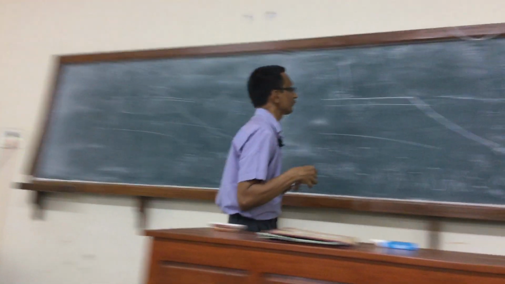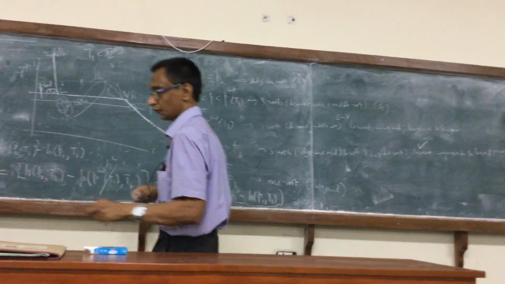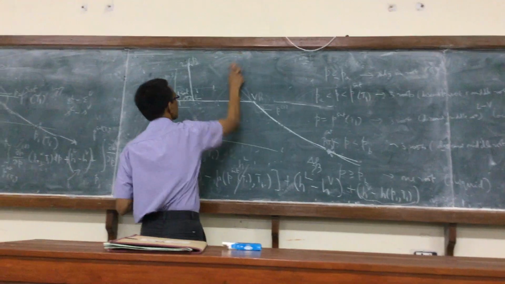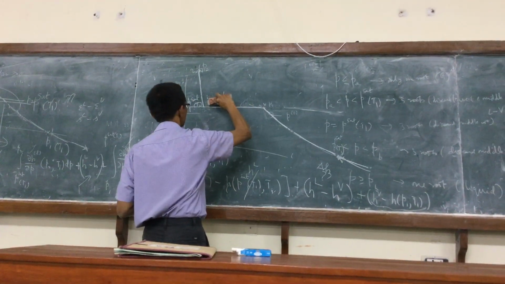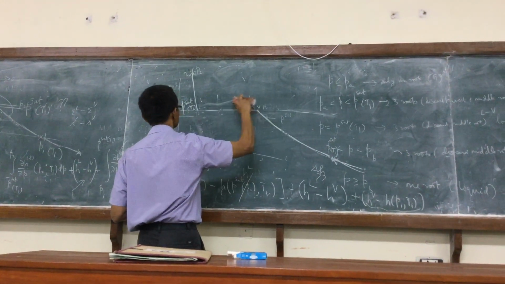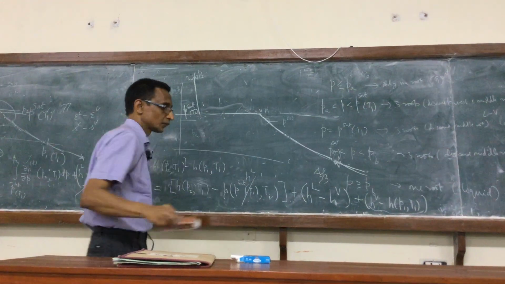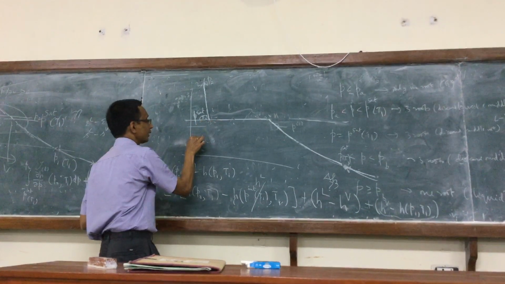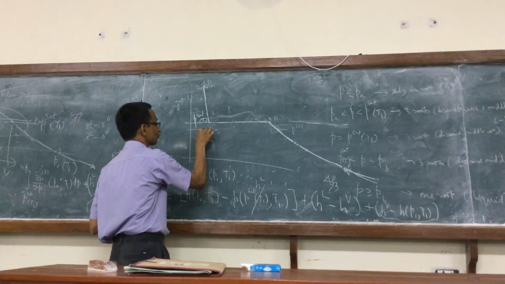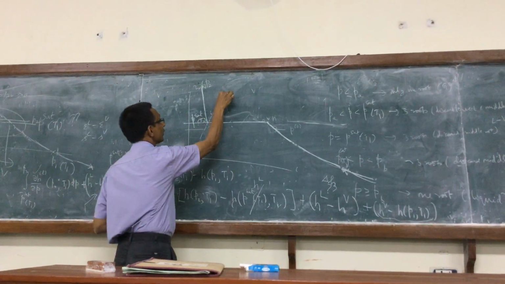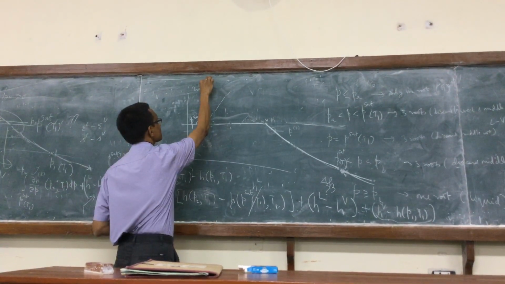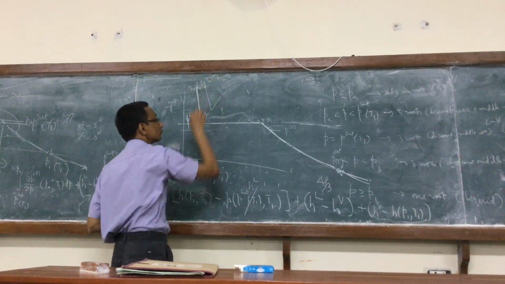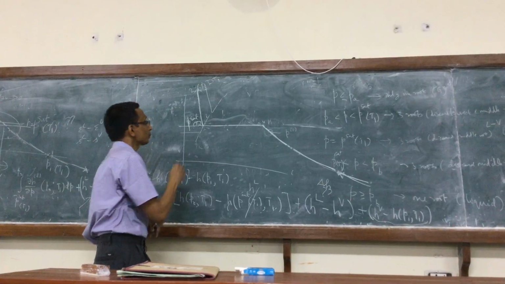Typically, the way it is given is, if I erase everything else, usually the locus of the liquid state is represented by a curve which looks something like this. Let's say I consider a temperature T2 higher than T1.